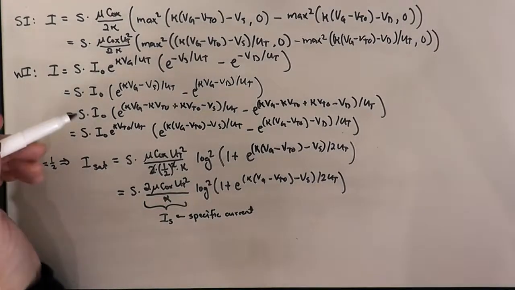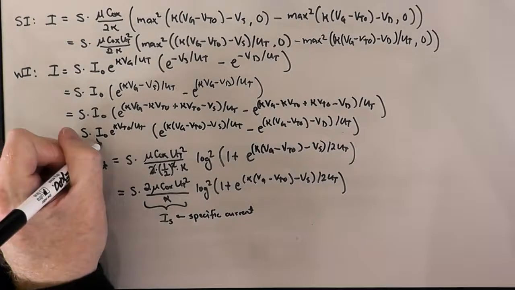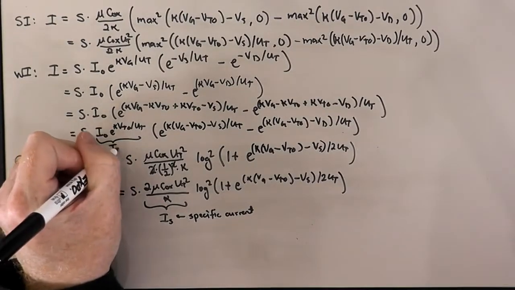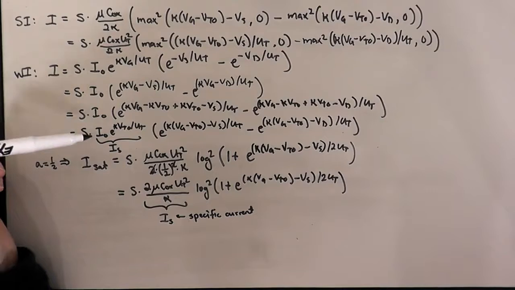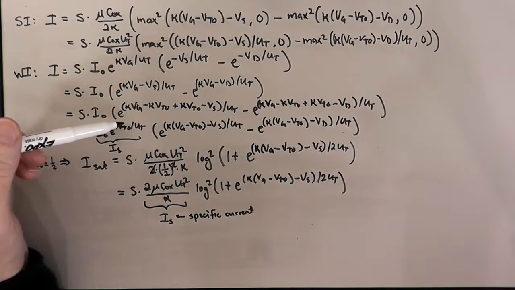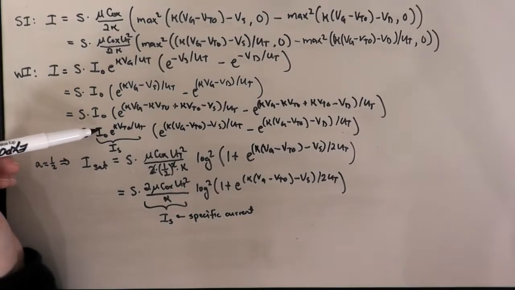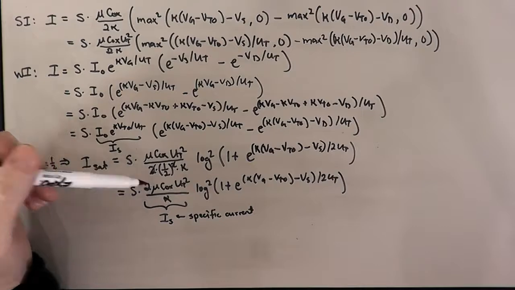By form fitting, Is is also equal to I0 e to the kappa Vt0 over Ut. To make the weak inversion model match up, these two things have to be equal.